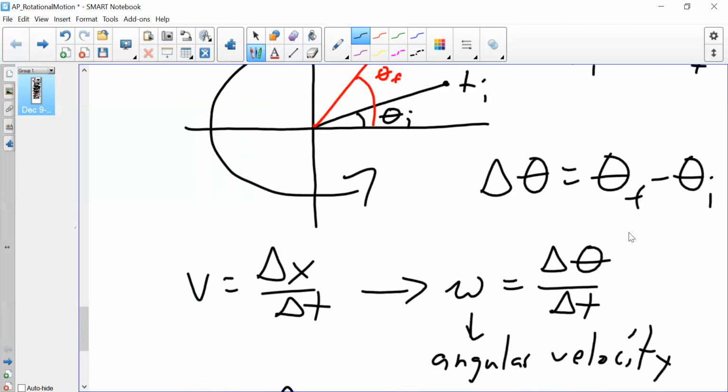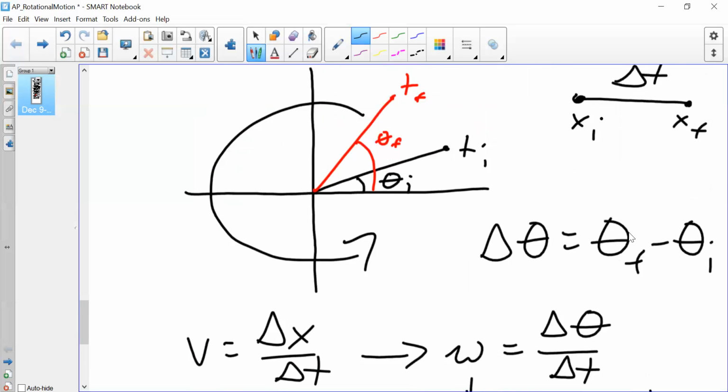So now, where do the angular quantities exist? We know that velocity is a ratio of delta x over delta t, linear, and it exists along the path of motion. But all of the angular quantities are going to be physically with respect to the center of the circle.